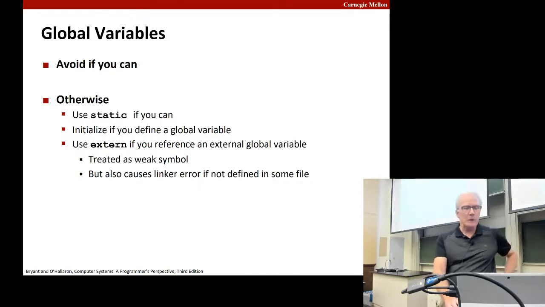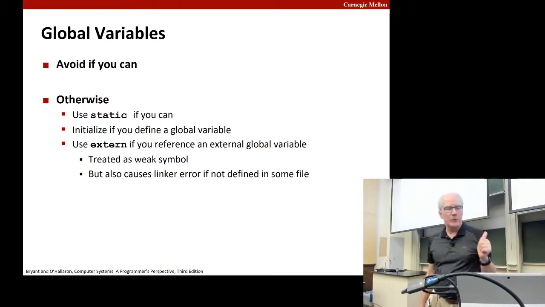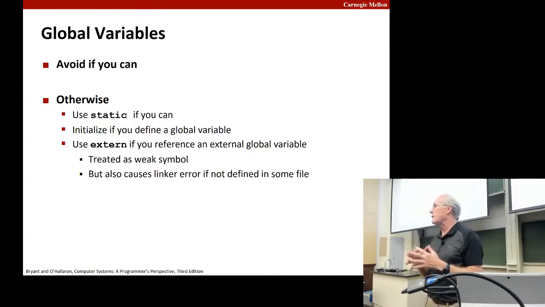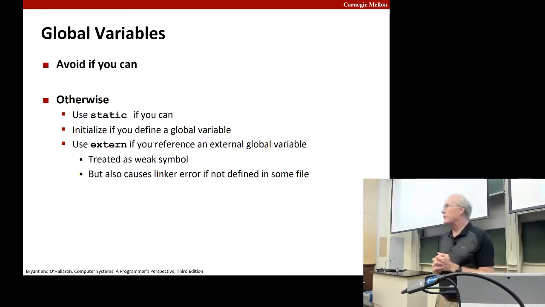So how can we? Well, it turns out there's a couple of things that are pretty important. One is, if something really is not going to be shared across files, you should declare it as static, just to keep it within the file. And if it's going to be a global thing that you need, then you should use this extern declaration. And extern is sort of like a weak symbol, except it's even weaker.